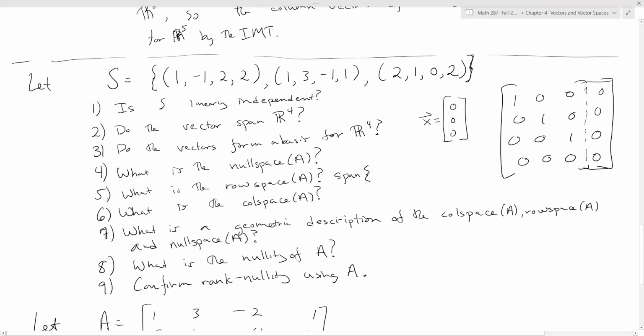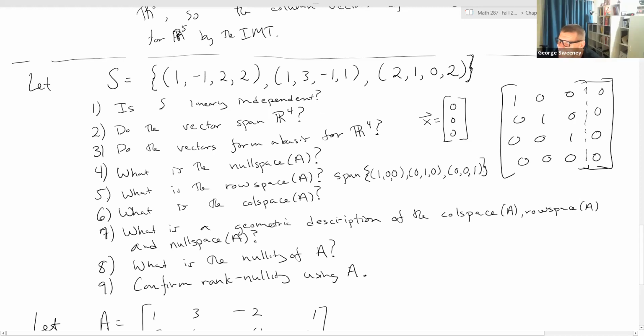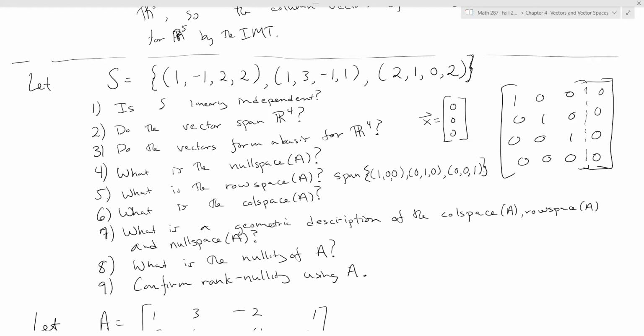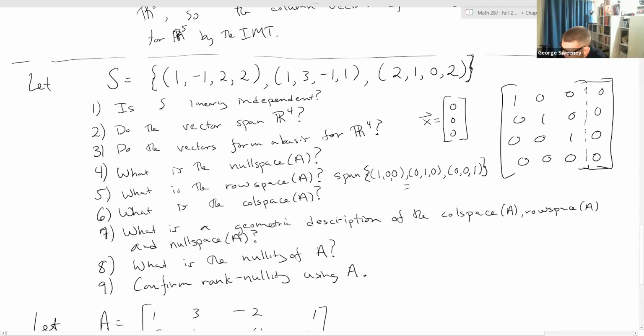So it's 1 0 0, 0 1 0, and 0 0 1. Yeah. So it's the span of those 3 vectors. What do we call that? There's another name for it. It's R3. In fact, the row space is R3.